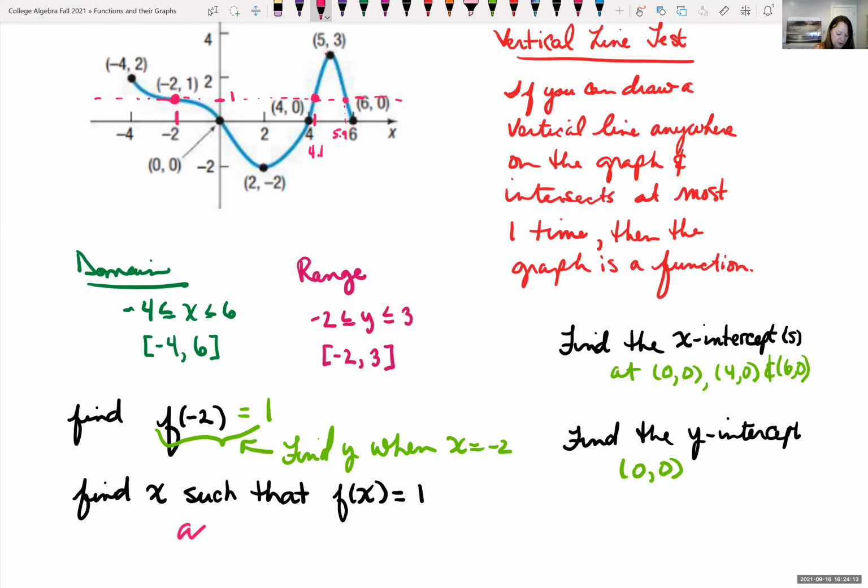So at x equals -2, x is approximately 4.1, and x is approximately 5.9. That wavy equal sign means that I approximated.